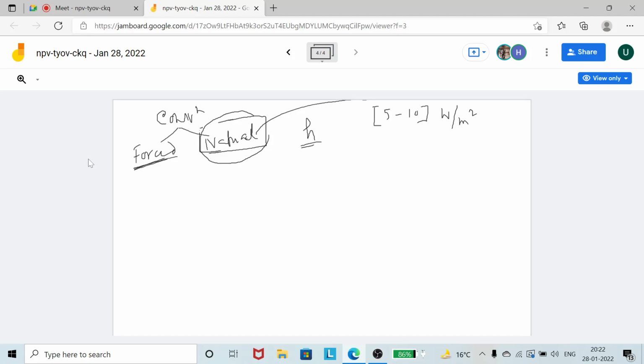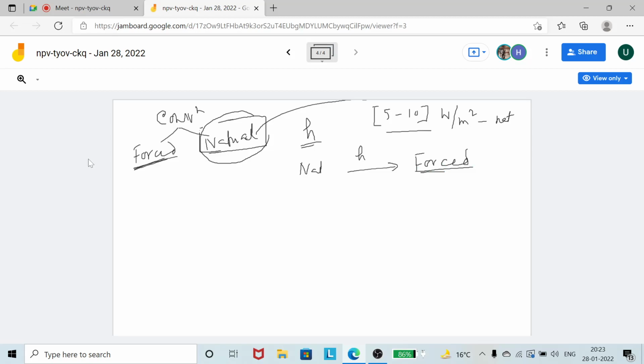So typically for 1 meter square surface area, 5 watt of heat will be transferred per unit temperature difference. So this is natural convection. But if you move from natural to forced, h will be high. In forced convection, you get more h.